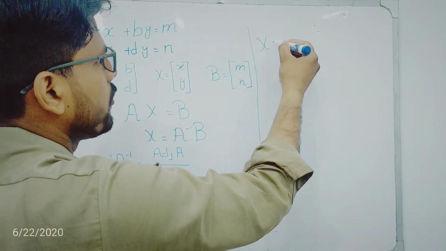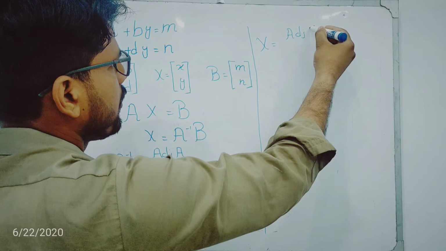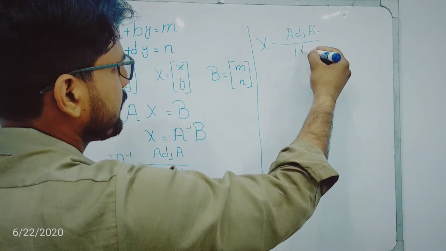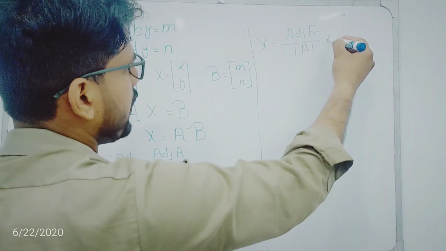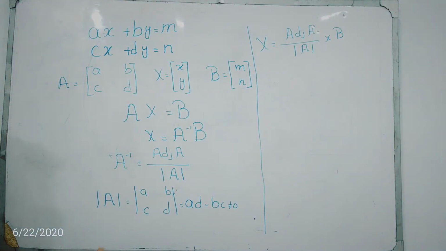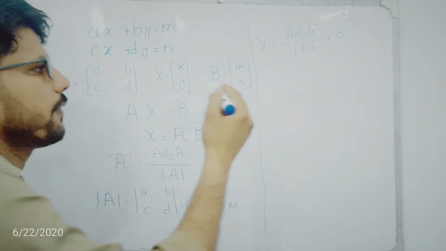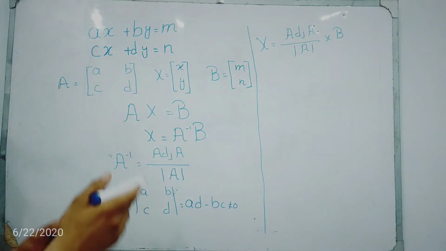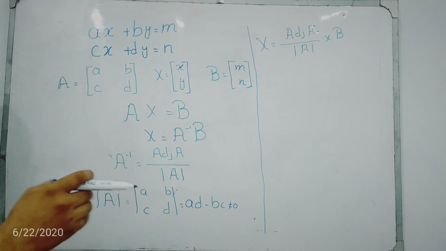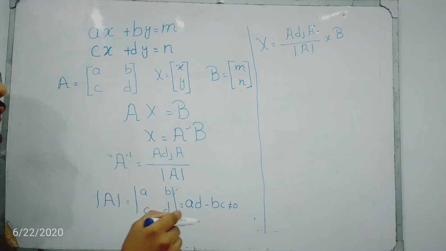X is equal to adjoint of A and determinant of A multiply B. We find the determinant of A, then now we find the adjoint of A. In adjoint of A, we replace the diagonal entries and change the sign of non-diagonal entries.